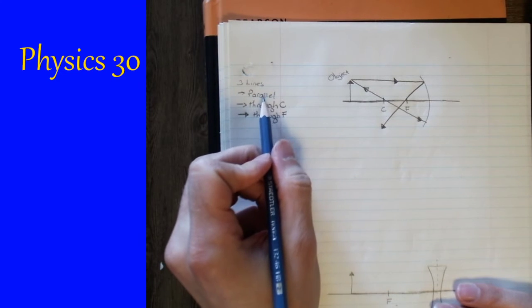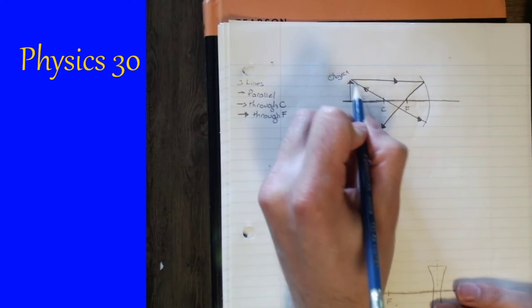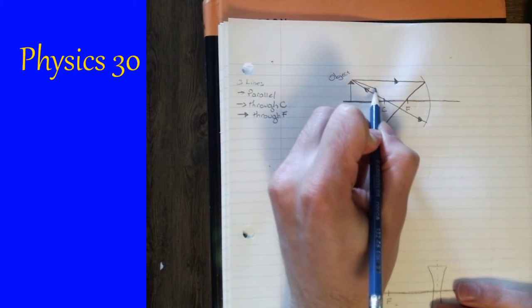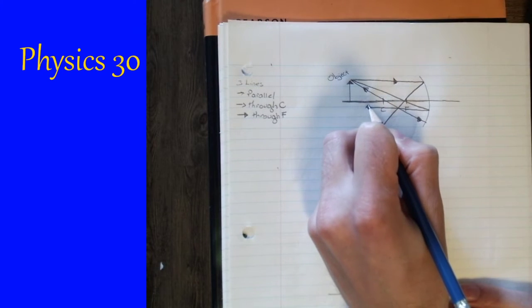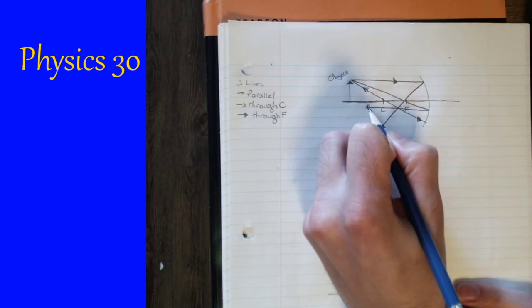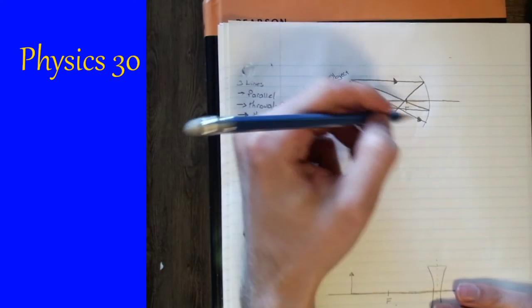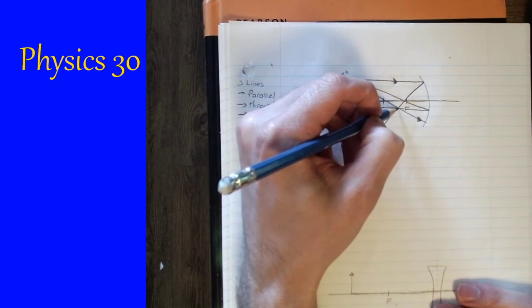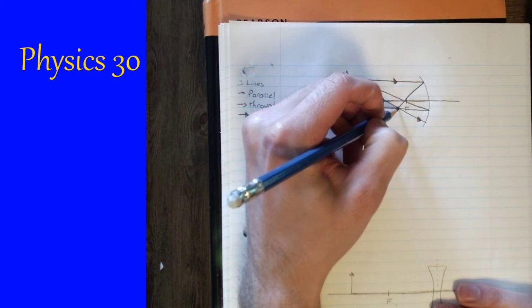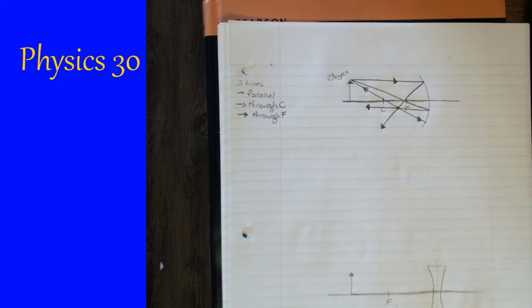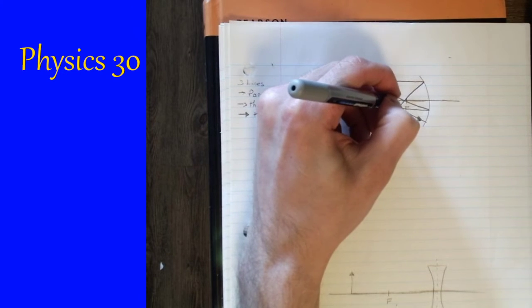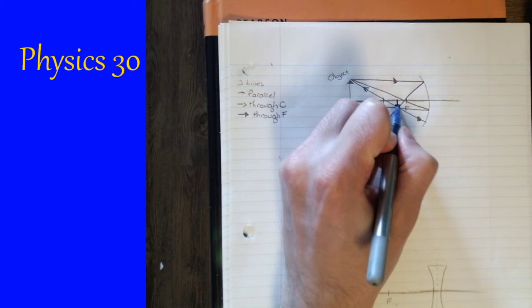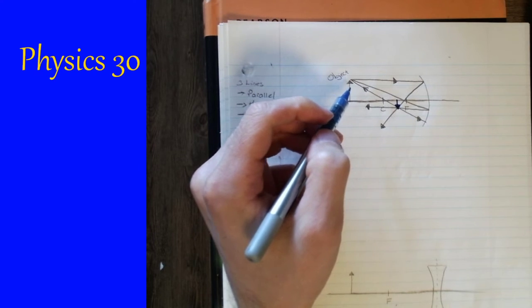And then finally, a ray through F is going to hit the mirror and bounce back parallel to the principal axis. And so all 3 of those lines meet up here, and so our image looks like this compared to our object.